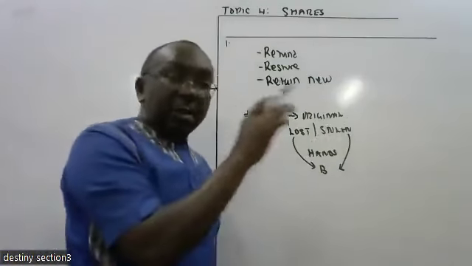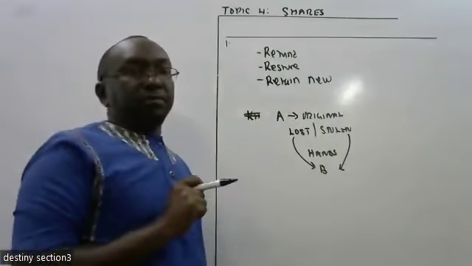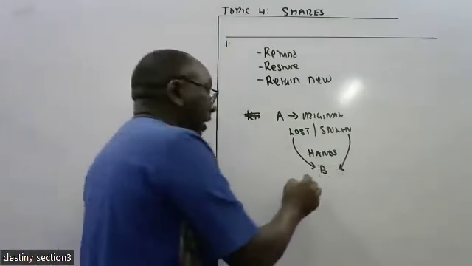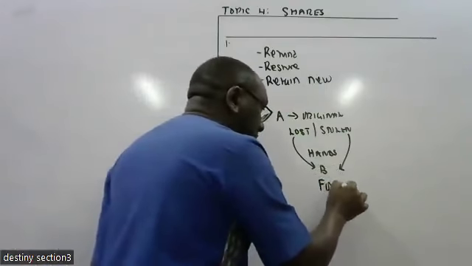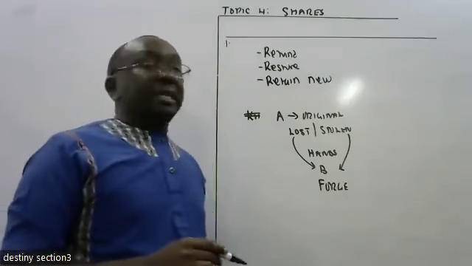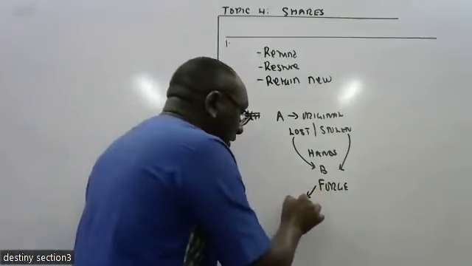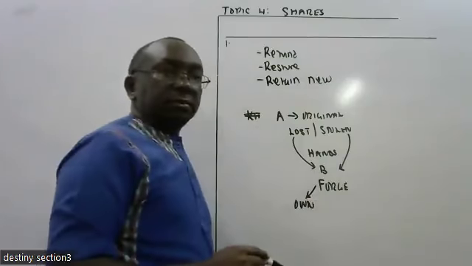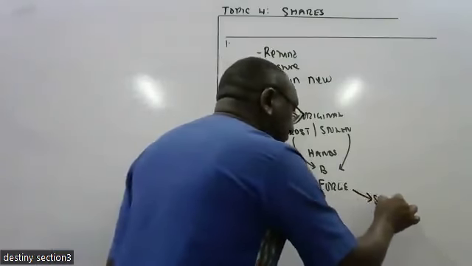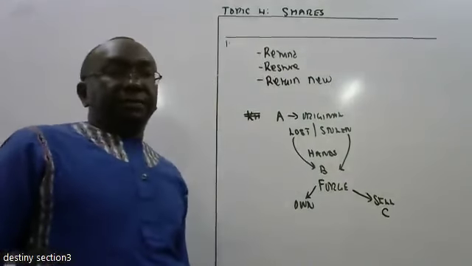Now as we speak, it is in the hands of this guy, so he can now forge the details. And as he forges, he's seeking to do one of two things: one, to get the shares in his own name, or to sell the shares to another person whom we are calling C.